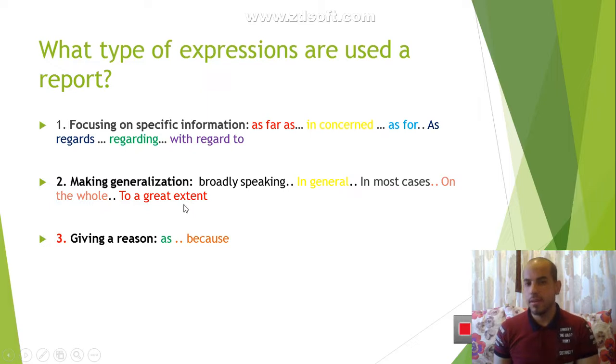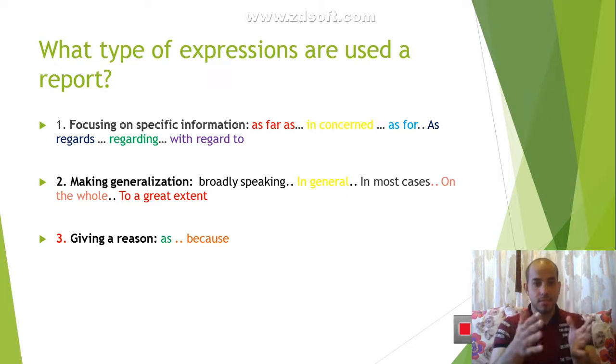For example, you can use broadly speaking or in general. Also, you can use in most cases, on the whole, or to a great extent. These expressions are used to give a generalization.